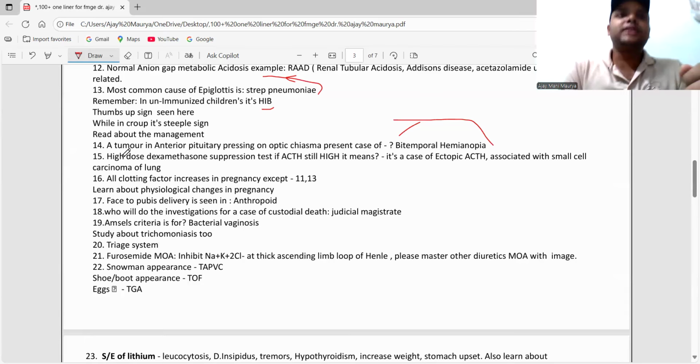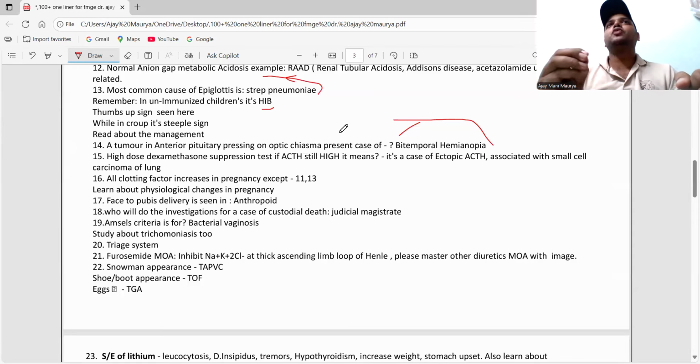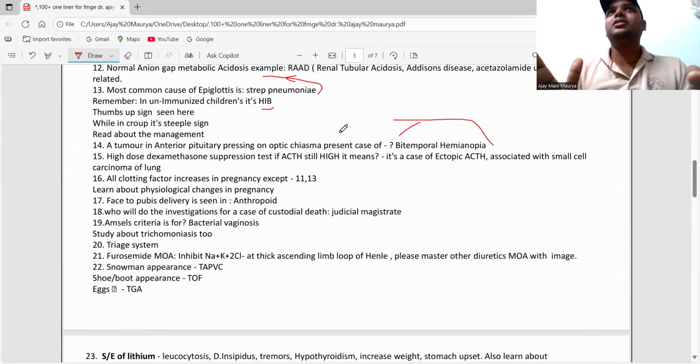High dose dexamethasone suppression test. If ACTH is still high, it means what? It is ectopic ACTH, which is associated with small cell carcinoma of the lung. I explained these high dose and low dose dexamethasone suppression tests. It is to know the reason for Cushing syndrome.